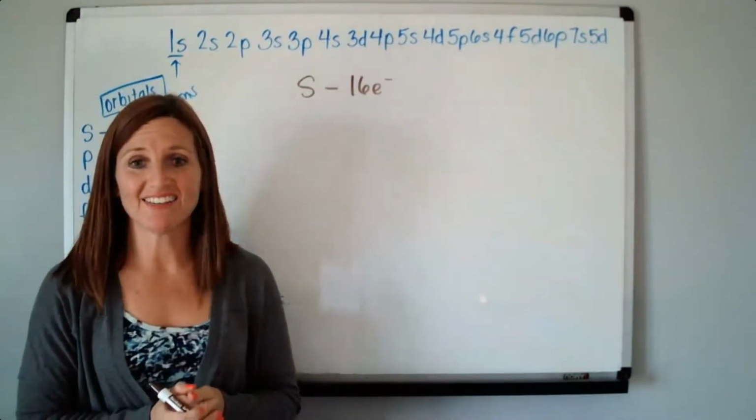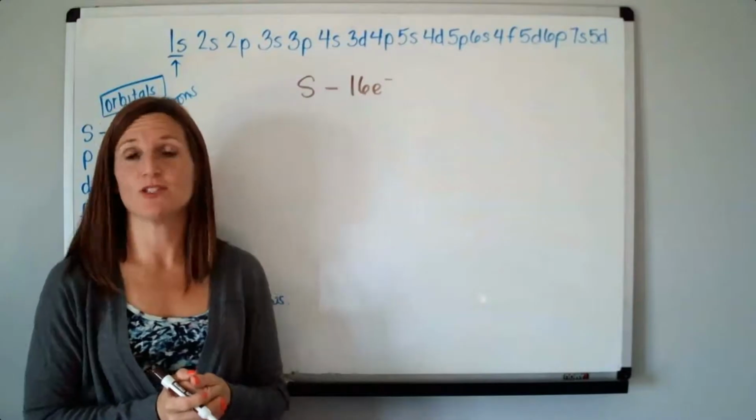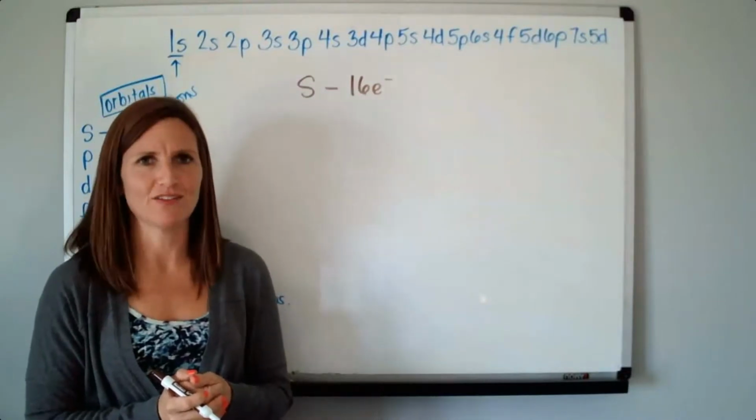Sulfur has 16 electrons. Let's go ahead and do the orbital diagram and electron configuration.